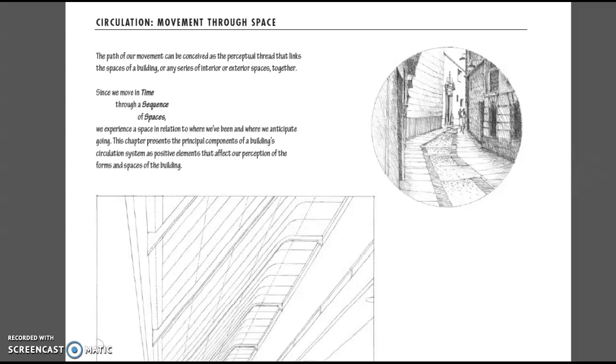The path of our movement can be conceived as the perpetual thread that links the spaces of a building or any series of interior or exterior spaces together. That means whenever we are moving from one space to the other, or from indoor to outdoor, or interior space to exterior space, we are forming some path of our movement.